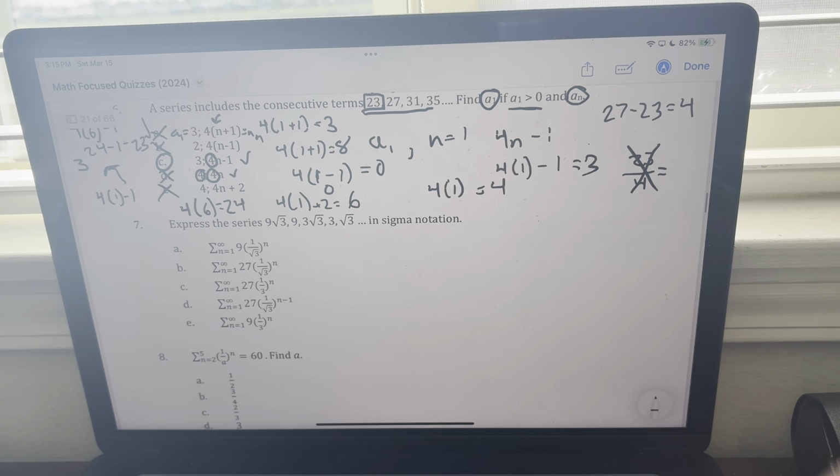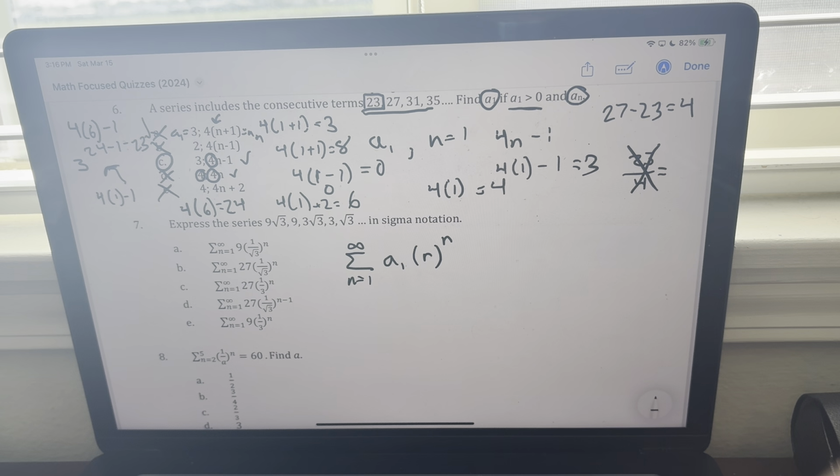Next up, we're expressing a series in sigma notation. So what we're looking for here is, okay, it's a geometric. And we know geometrics can be expressed, even if it's infinite, as n equals 1 to infinity, and we know it's going to be a1 times the ratio to the power of n.